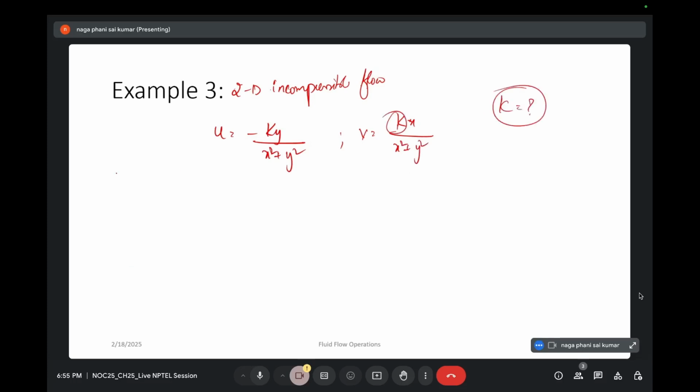So same thing, ∂u/∂x plus ∂v/∂y should be equal to 0, right? So do the partial differentiation and it should be equal to 0.